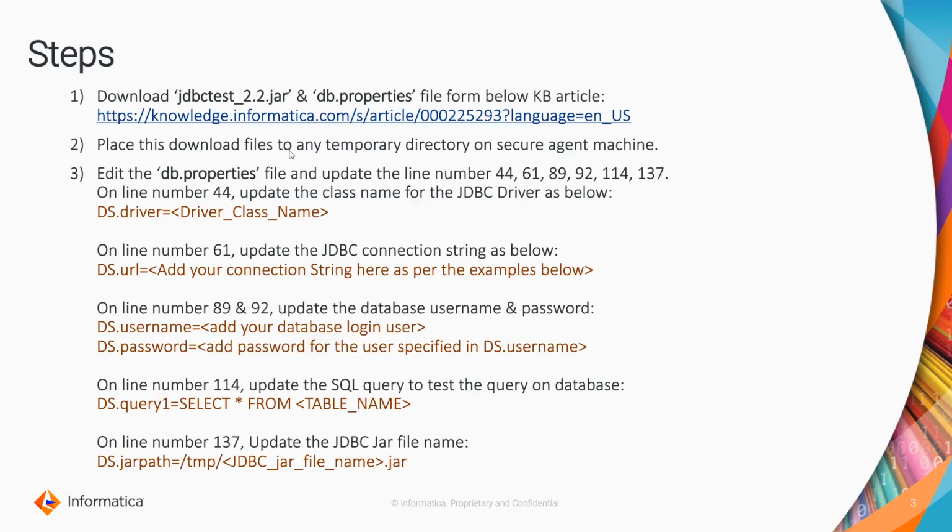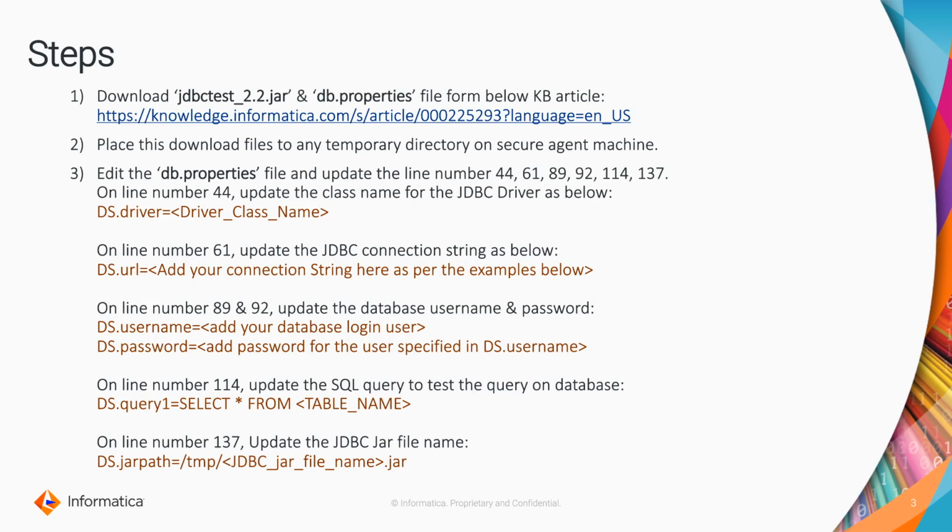Now after placing these 2 files in the temp directory on the secure agent machine, edit the db.properties file and update the line numbers 44, 61, 89, 92, 144 and 137. On line number 44, you need to update the JDBC driver class name for the database on which you want to perform the test.